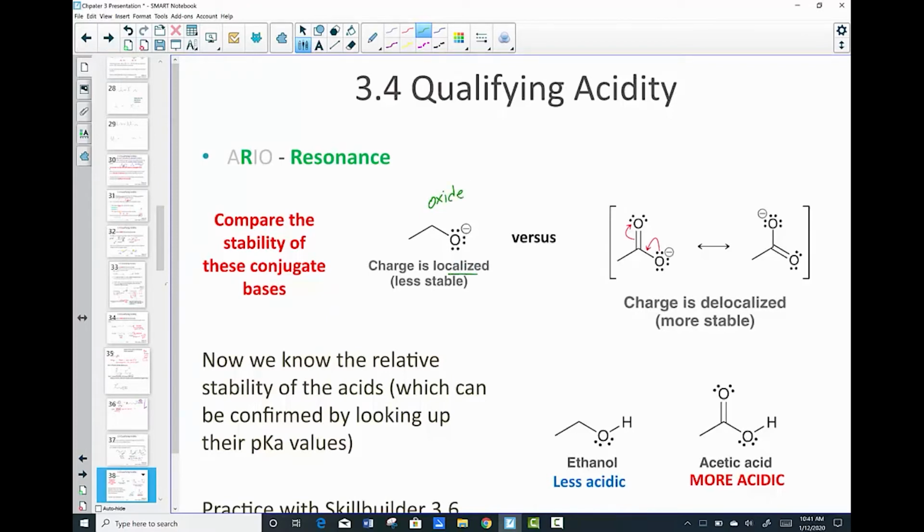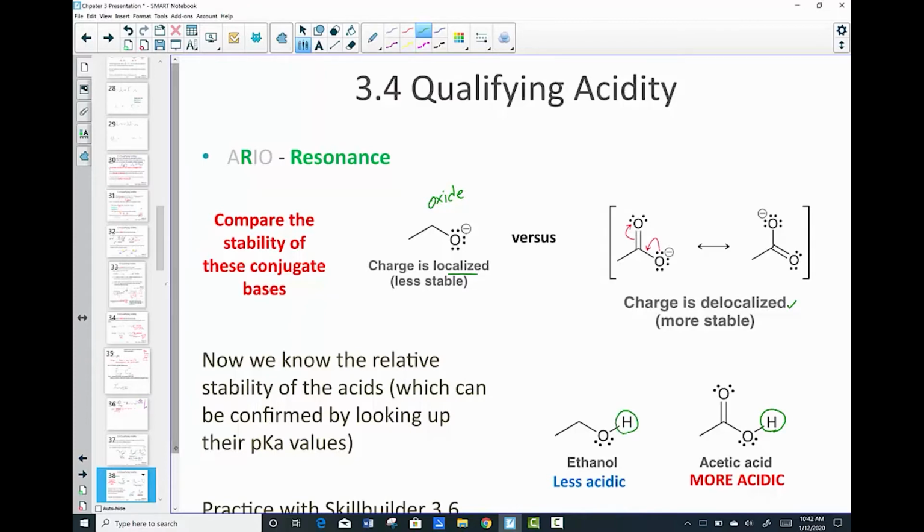There is no resonance available, no pi bonding at all in that structure, versus the carboxylate anion that does exhibit delocalized electrons. Resonance structures are delocalized electrons, and therefore that produces a more stable conjugate base, and therefore acetic acid is a stronger acid than an alcohol such as ethanol.